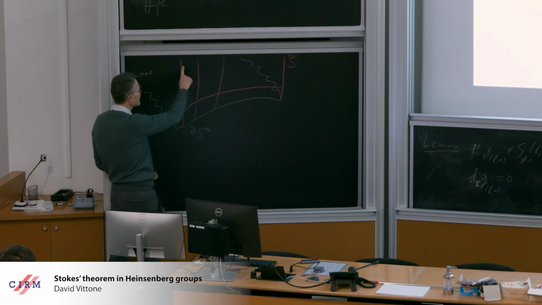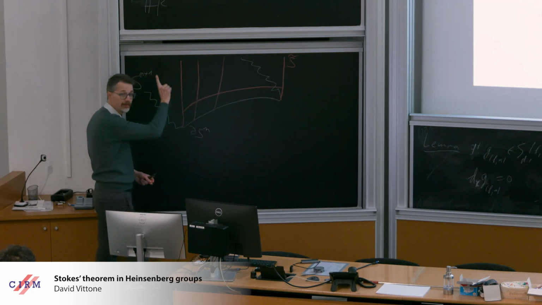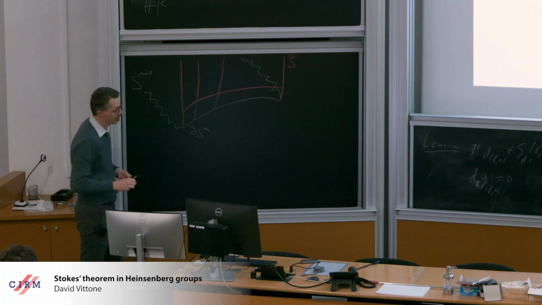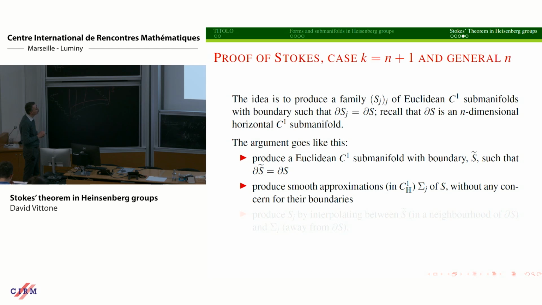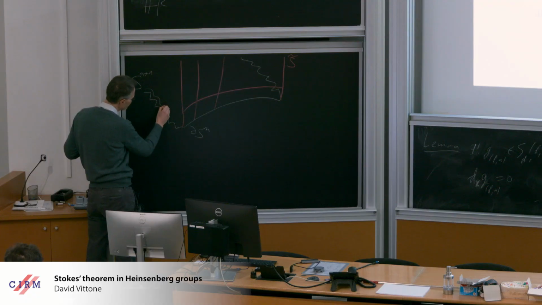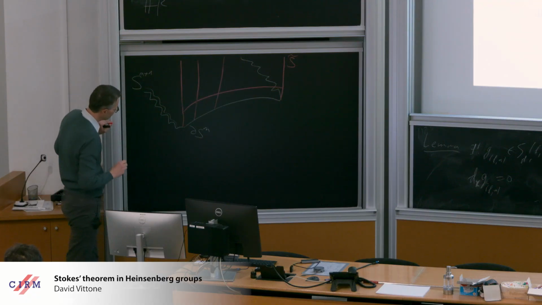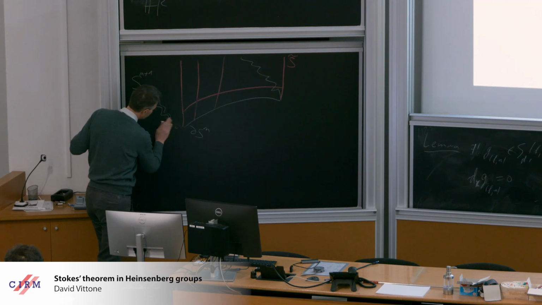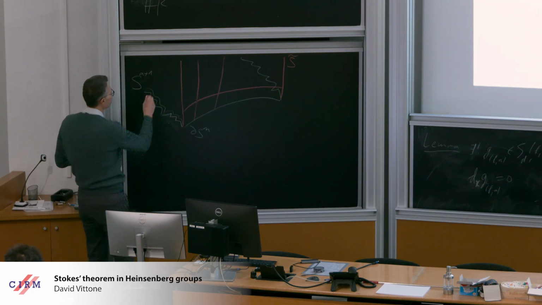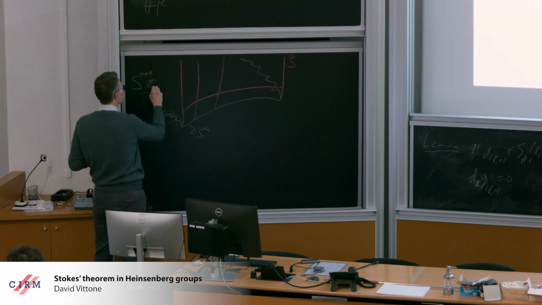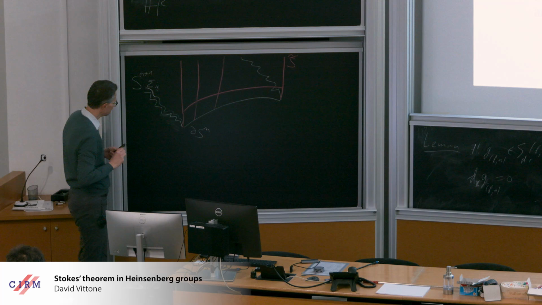So this S tilde is ruled by vertical lines, which are transversal to S. Now look at S. This is C1H, and we already know how to approximate it in C1 by some submanifold that I called sigma j, so sigma j is an approximation of S.